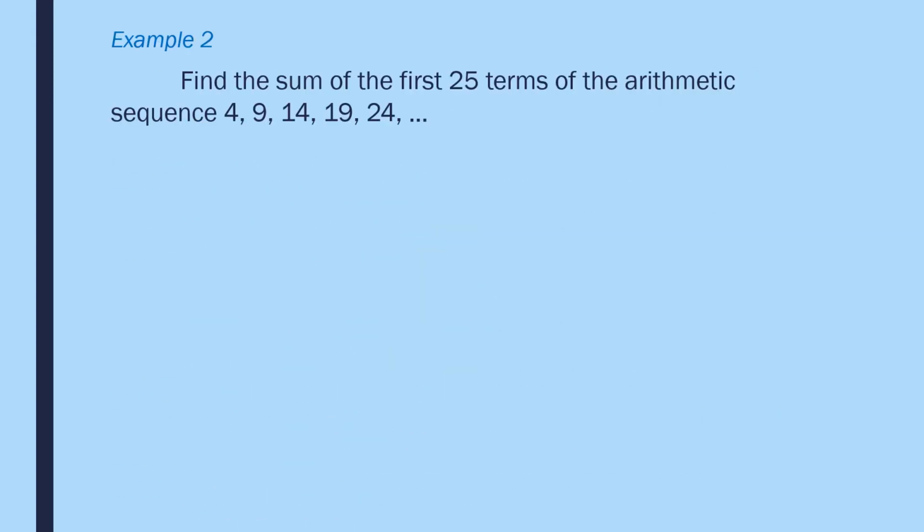Find the sum of the first 25 terms of the arithmetic sequence 4, 9, 14, 19, 24, and so on. Okay, so how are you going to find the sum? Solution? Of course, we have the formula already. We have S sub n equals n over 2 times the quantity a sub 1 plus a sub n.